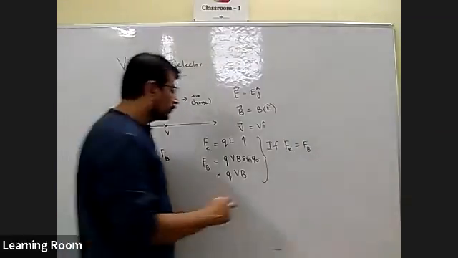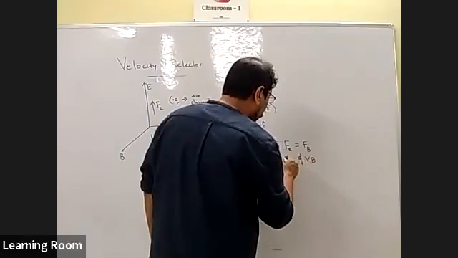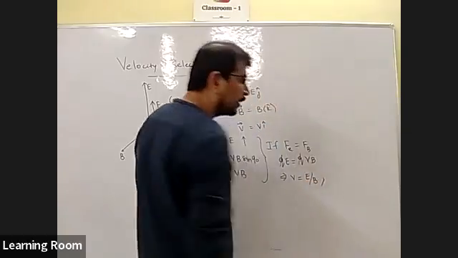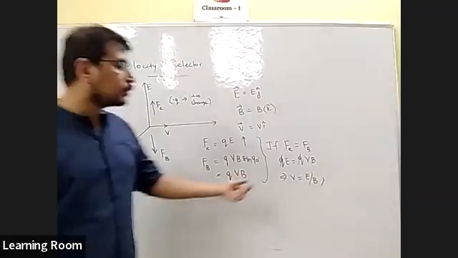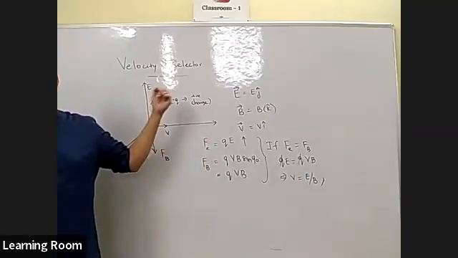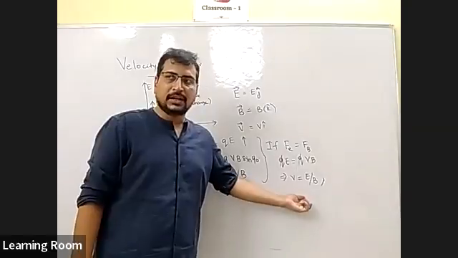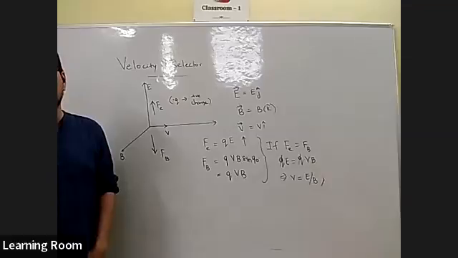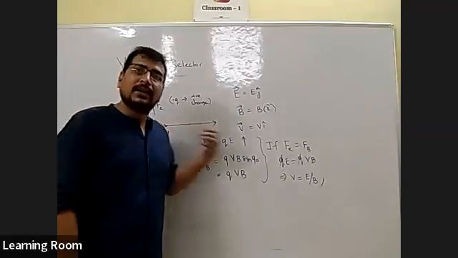Then Q into E will be equal to Q into V into B, where Q and Q will get cancelled, which implies V will be equal to E divided by B. It means if you are able to project the particle perpendicular to both electric and magnetic fields with this magnitude, then the particle starts traveling undeviated. What will happen to it? It starts traveling undeviated. It means it continues along the path in which it was released.